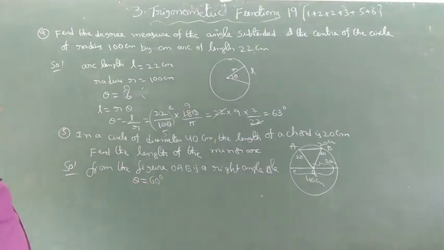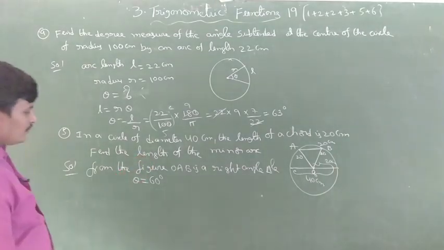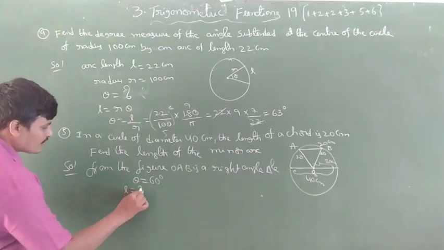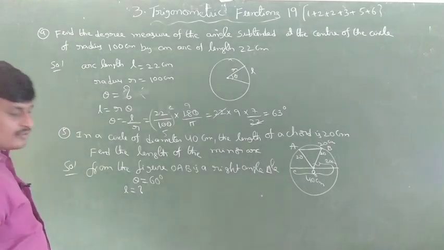So theta is given. We need to find the arc length L, which is equal to question mark.